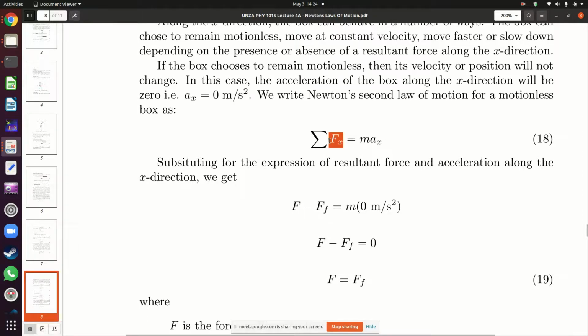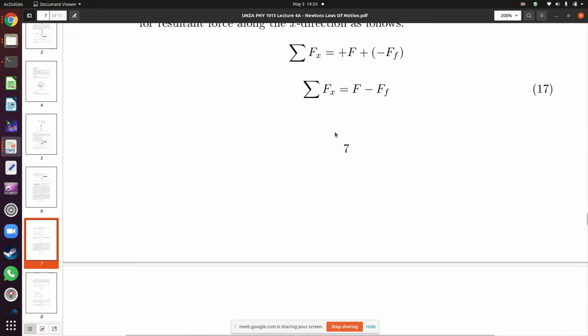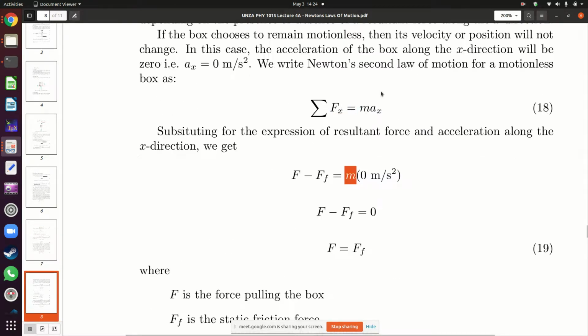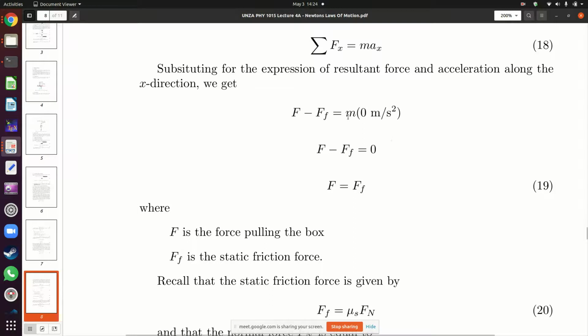The resultant force is F minus F friction, the pulling force minus the friction force, equal to the mass of the box multiplied by the acceleration. The acceleration in this case is equal to 0 meters per second squared. So the mass multiplied by the acceleration gives you a value equal to 0.